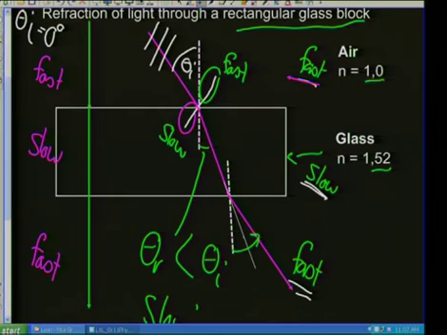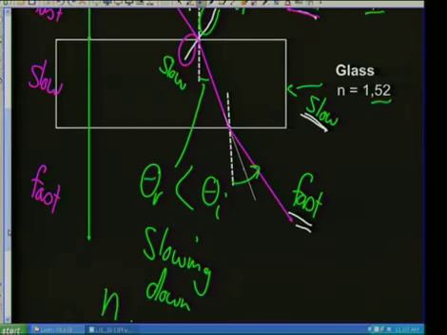This second angle of refraction would be called angle of refraction 1. This would be angle of incidence 1. This angle over here, when it comes to the second surface, is angle of incidence 2, and this one would be angle of refraction 2.